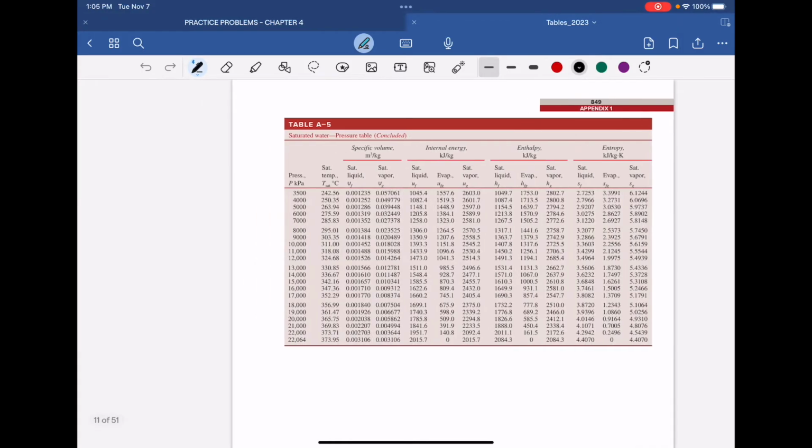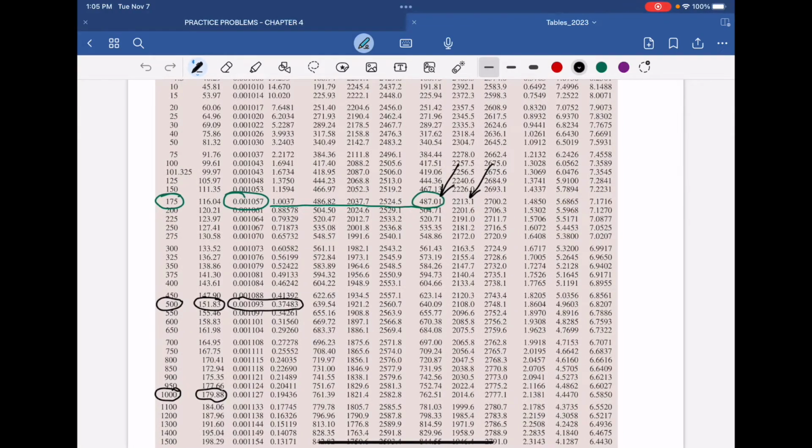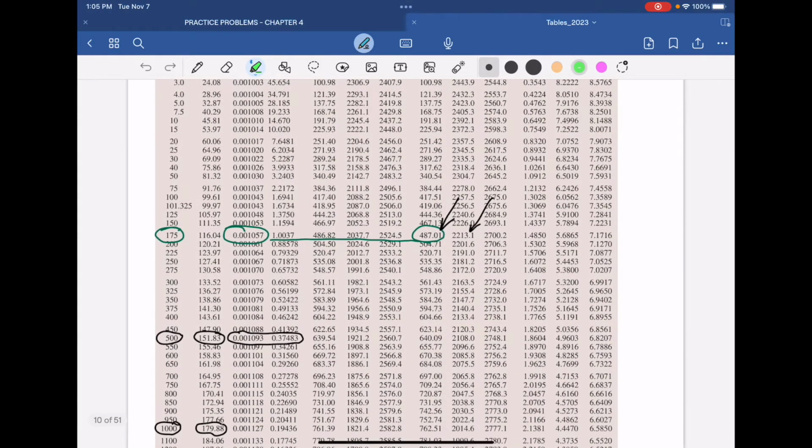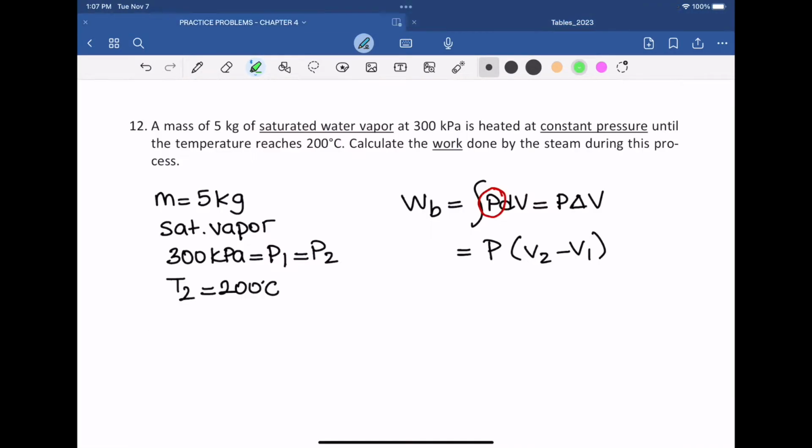So we go to water tables at 300 kilopascal, right? Making sure. We read actually this volume, which is Vg, saturated vapor. So it is actually 0.60583.